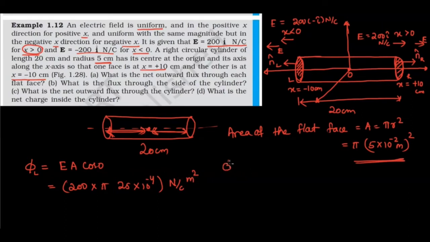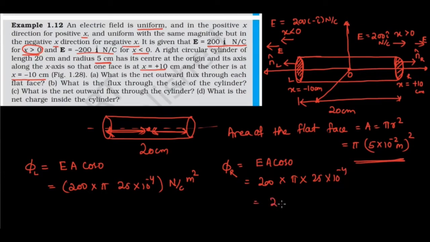Similarly, what is the value of phi R, the electric flux through the right surface? It is also the same: electric field at the right face into area into cos 0, because electric field at the right side and area vector n r cap are both in the same direction. So E is 200 Newton per coulomb into area is pi into 25 into 10 to the power minus 4.